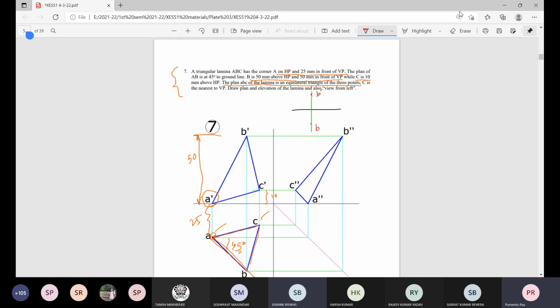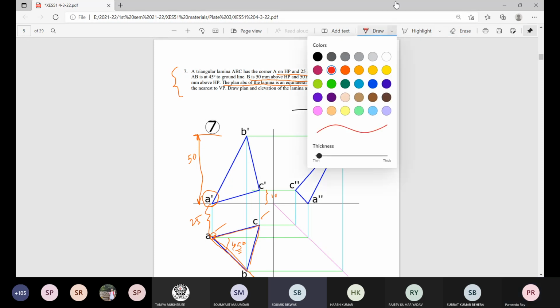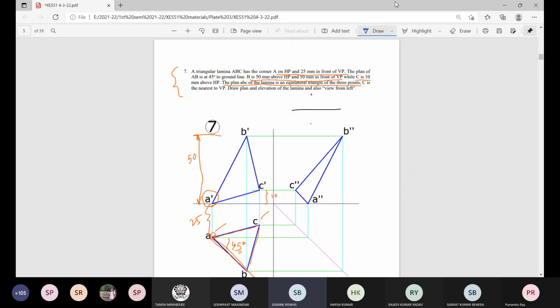But in this case, it is not known. So you cannot locate this also. That means the position of this projector is not known. The only thing given is the level of elevation and the distance of the plan.